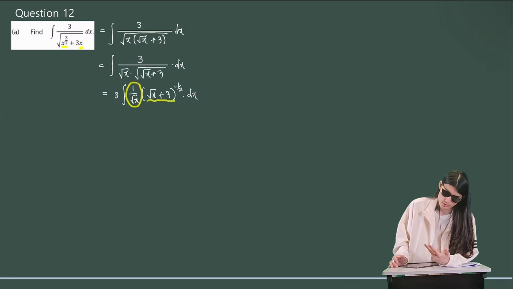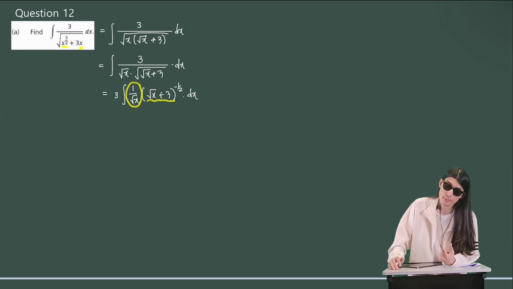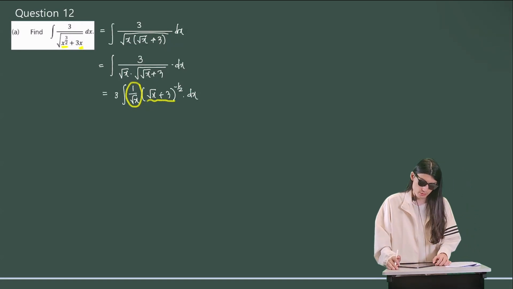I know it isn't quite, it isn't exactly the derivative. The derivative of the inside function, we call it the derivative of square root of x plus 3 in this case, I know that's 1 over 2 square root of x, okay? But, you know, it's a constant multiple of the derivative is what I'm saying. So we can apply reverse chain rule to do the integration.